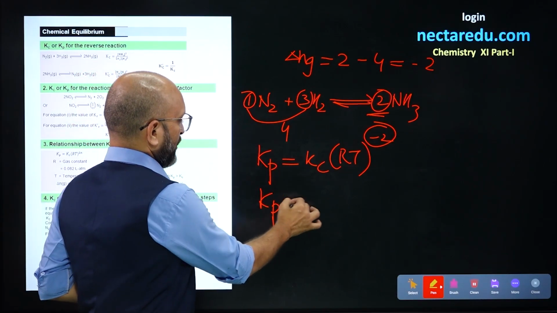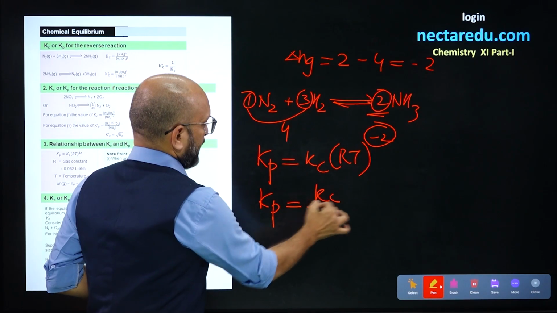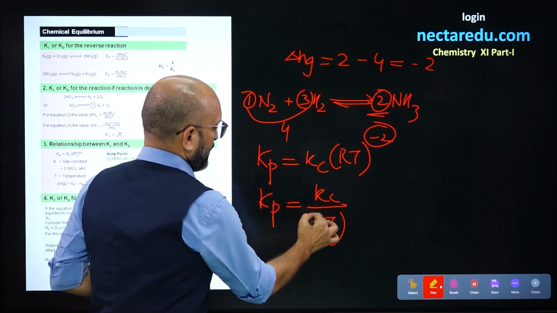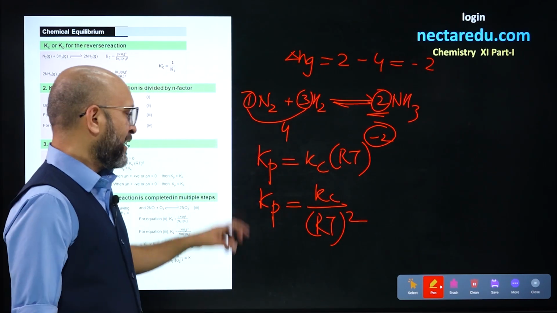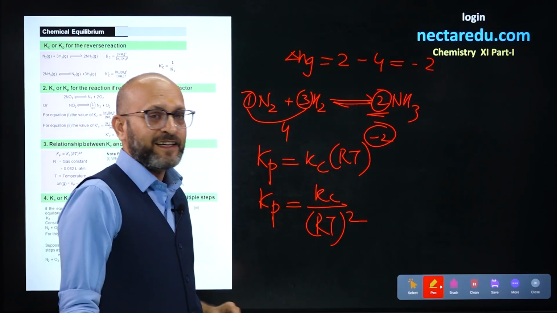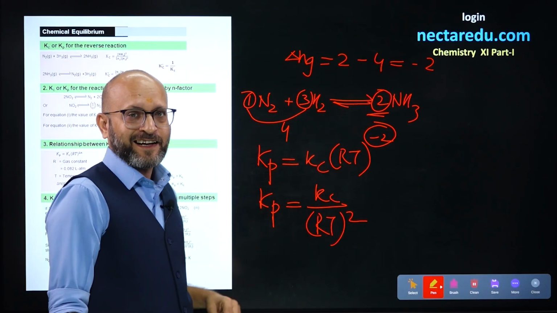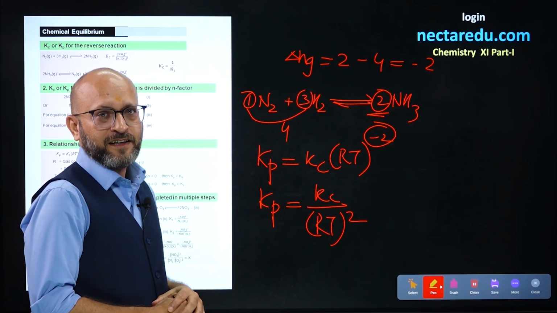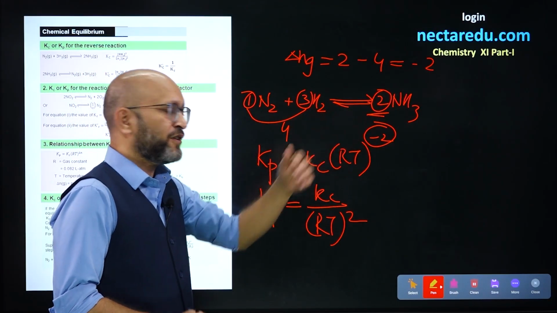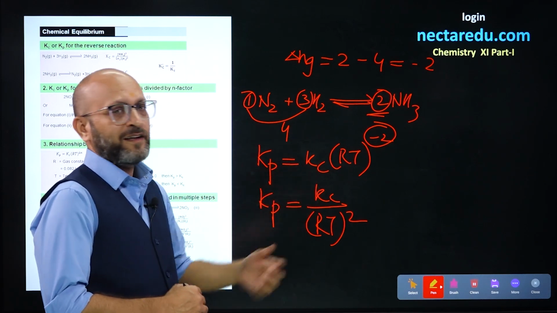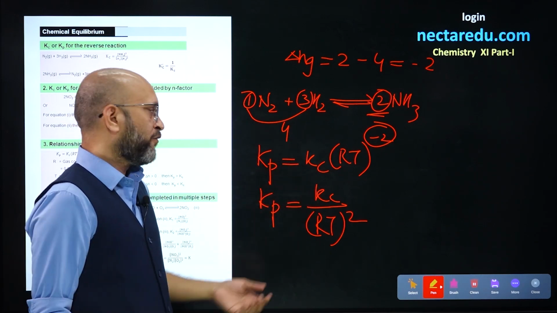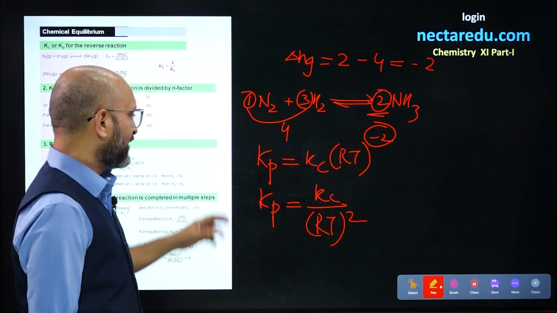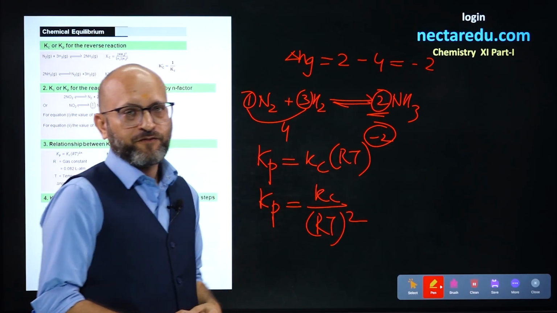Kp will be equal to Kc divided by RT to the power 2. That means Kp is lesser than Kc if this power is negative. If this power is positive, then Kp is greater than Kc. If this power is 0, then Kp equals Kc. So depending on what delta Ng is, the relation can be derived from here.